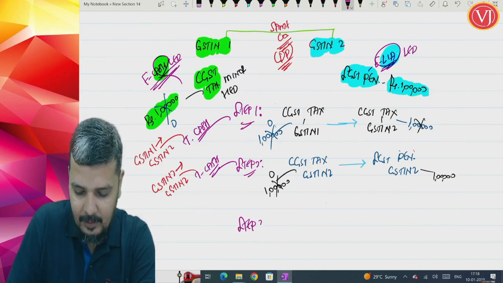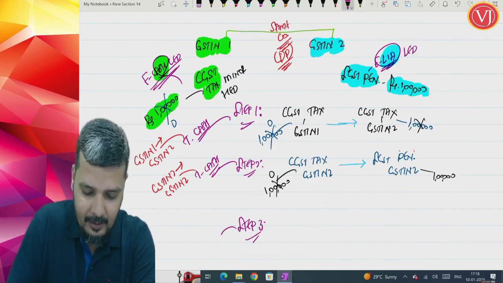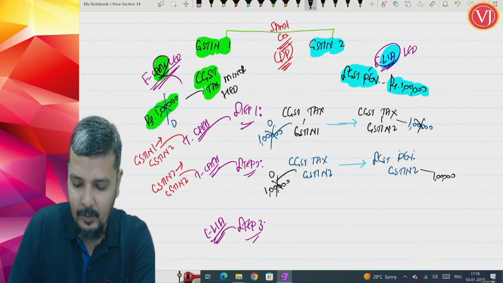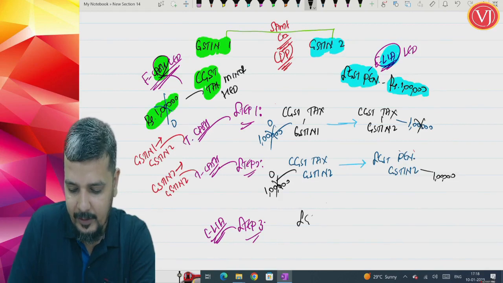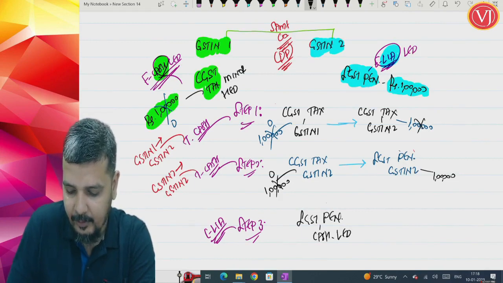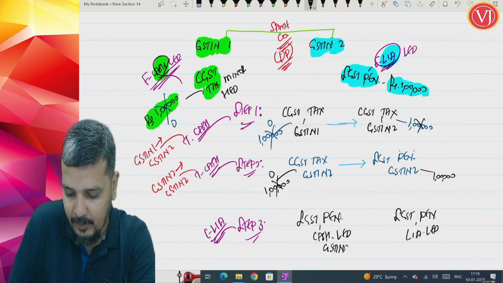Step number 3 will be closing of liability. Now you are discharging your liability. So you are going to use SGST penalty in your cash ledger and close it against SGST penalty which is there in your liability ledger. Both belong to GST number 2.